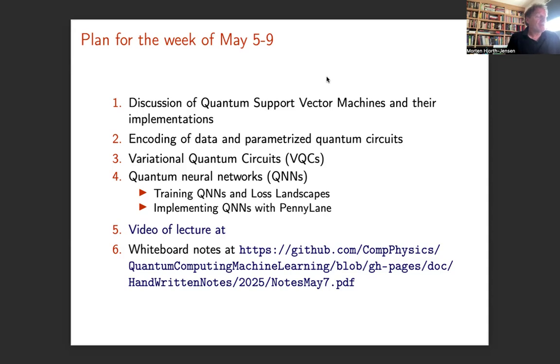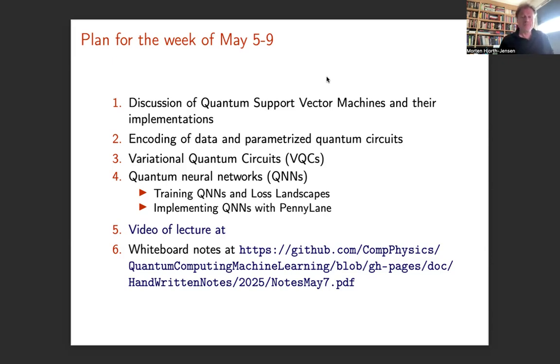Before we get started, we need to look into the data encoding part. That is a very important part and relies on several practical methods, which we are going to look at today. I should say that this is an active area of research where we can expect most of the progress to come from the quantum software side.